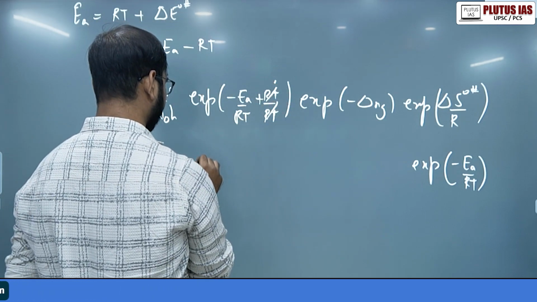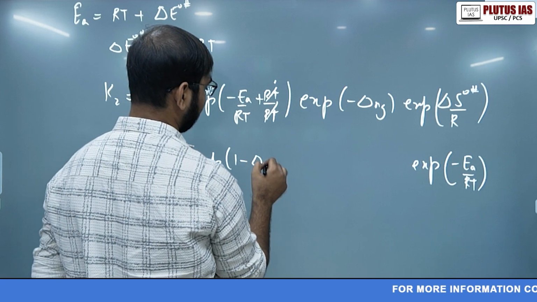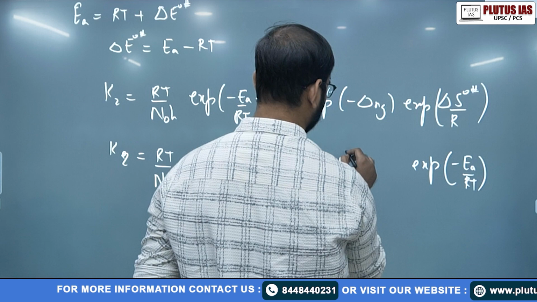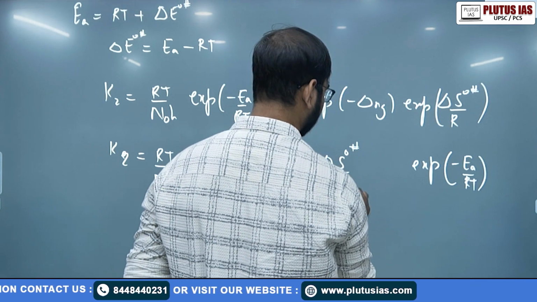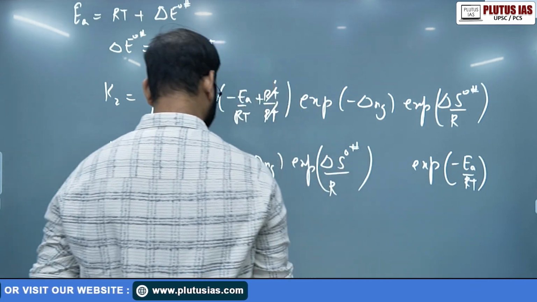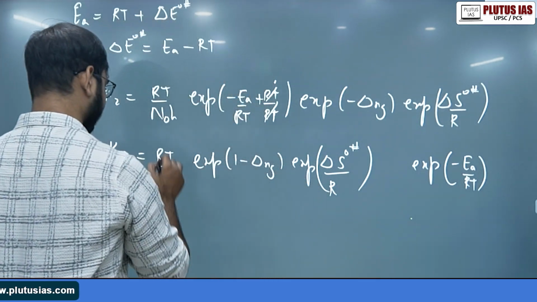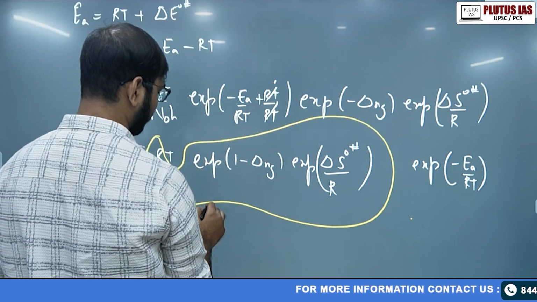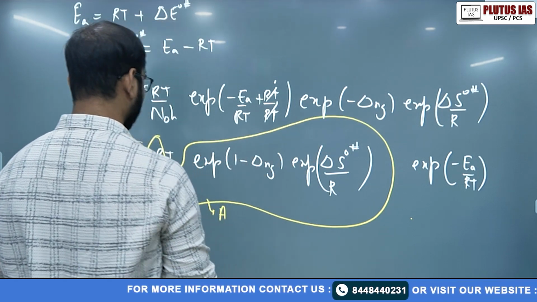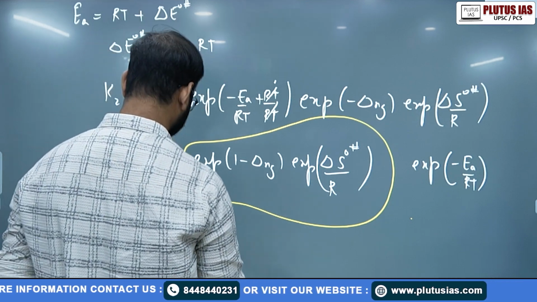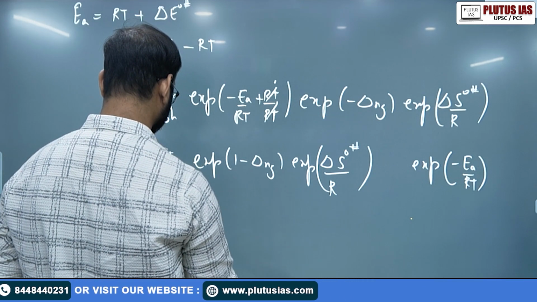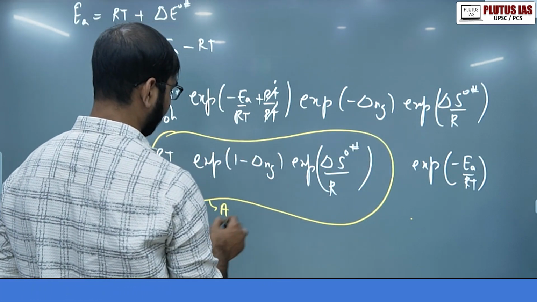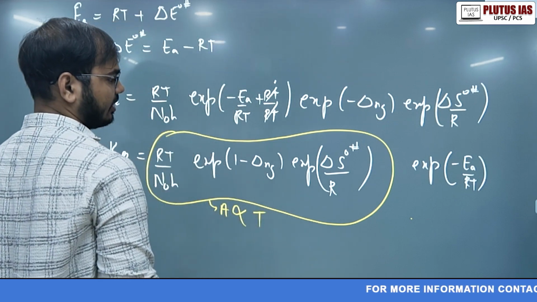I can write it as exponential of 1 minus delta Ng multiplied with exponential of the entropy of activation divided by R. Now if I compare it, everything except for the T part, this entire value will be equal to your pre-exponential factor A, which is directly dependent on temperature.